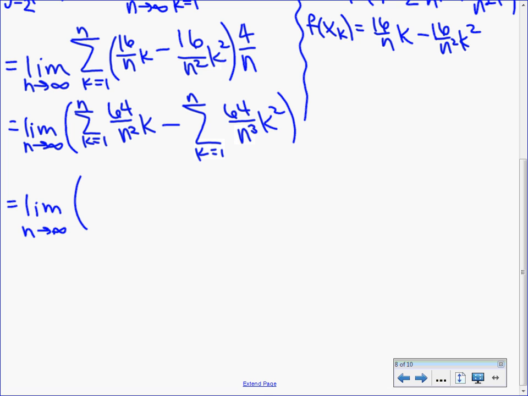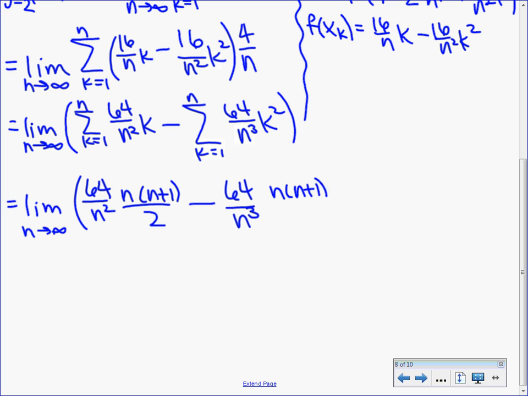So we have 64 over n squared, what's the shortcut for when we're summing up from 1 to n of k? n times n plus 1 over 2. Minus, we have 64 over n cubed, and we're summing up k squared. n times n plus 1 times 2n plus 1 over 6.